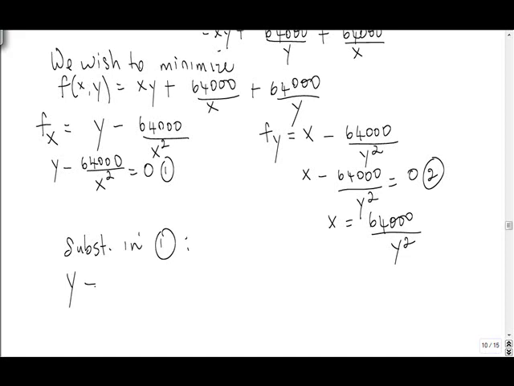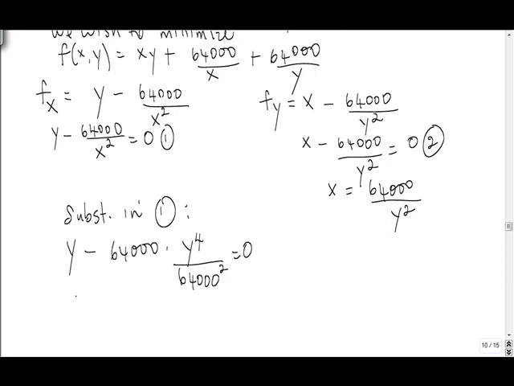Y minus 64,000 divided by x squared. So x squared over there would be 64,000 squared over y to the 4th. We're dividing by it, so let's invert. Y to the 4th over 64,000 squared. And that's 0. Okay, what do we have here? Y minus y to the 4th over 64,000 equals 0.